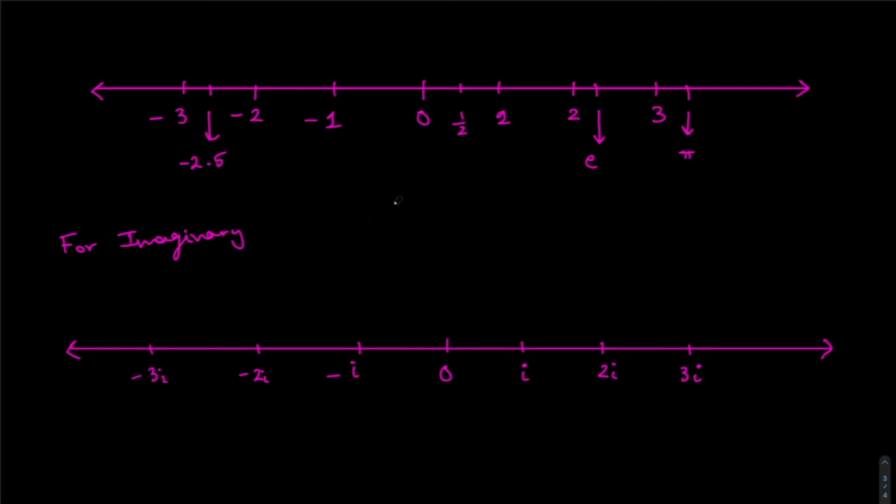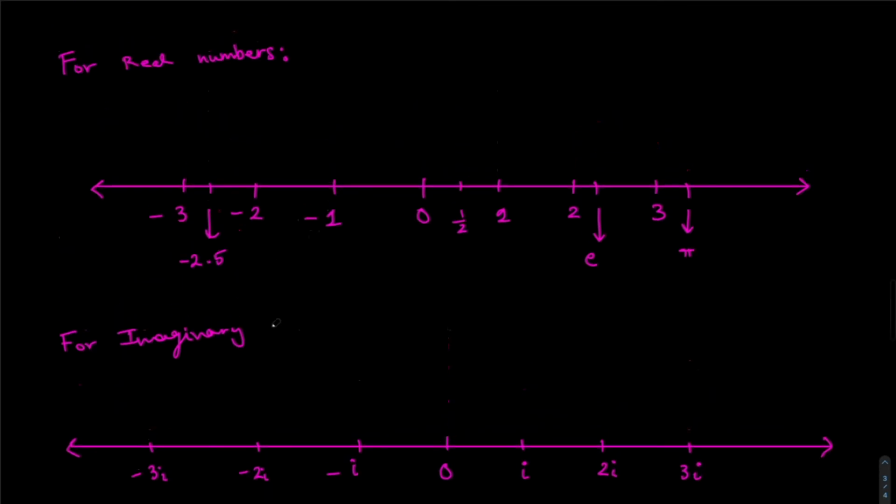Nothing changes. We know that 2i is greater than i, 3i is greater than 2i, minus i is greater than minus 2i, and minus 3i is less than i. We follow the same process on imaginary numbers as well.